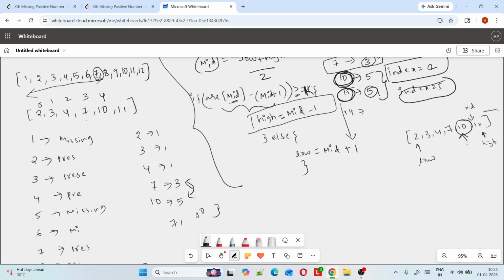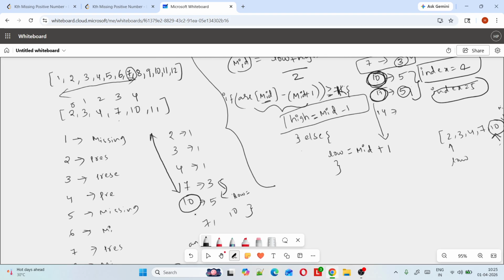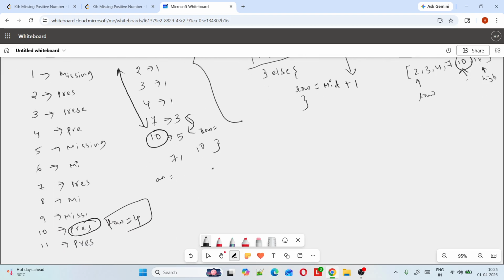Now, since our low pointer is pointing here, how many numbers are before this? There are 4 numbers before 10, if you take 2, 3, 4, 7 and 10.